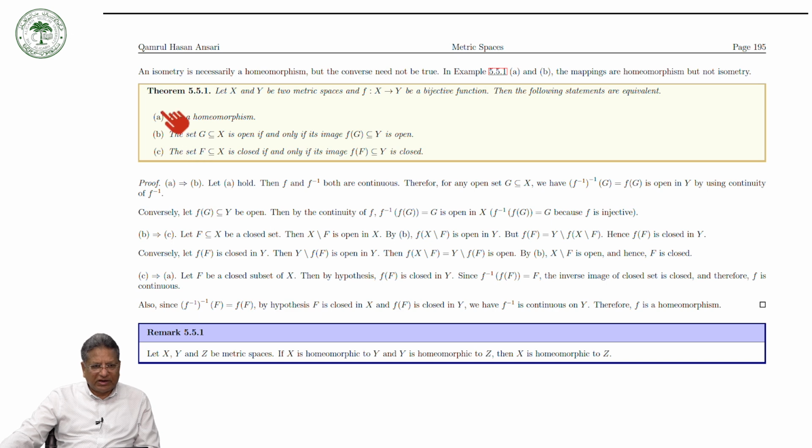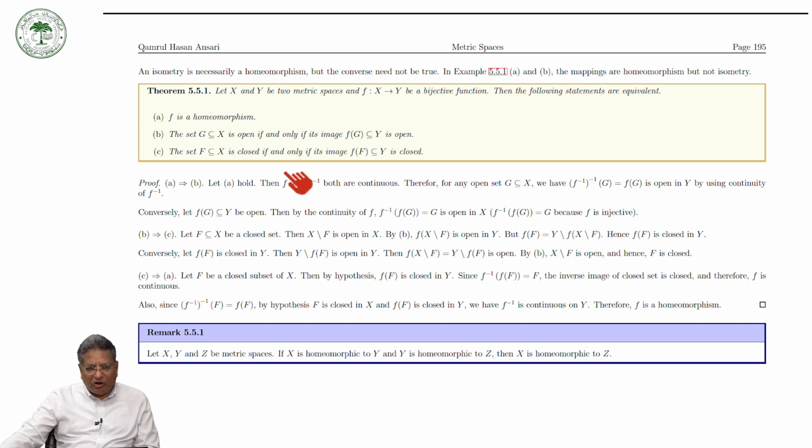First we will prove that A implies B. That is, assume that f is a homeomorphism. f is a homeomorphism means f and f inverse both are continuous, and therefore for any open set G, let us consider this f inverse.